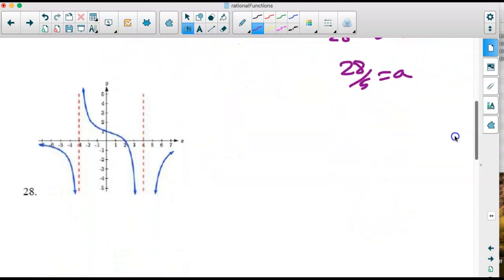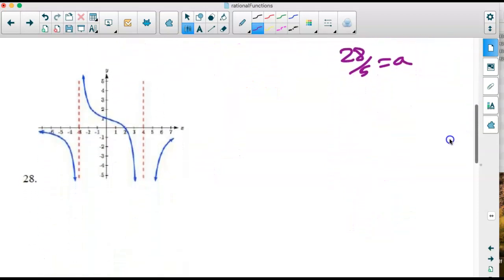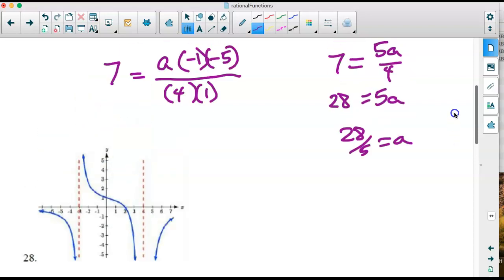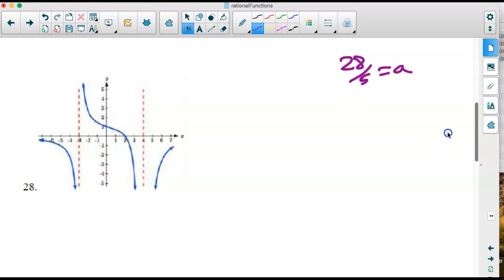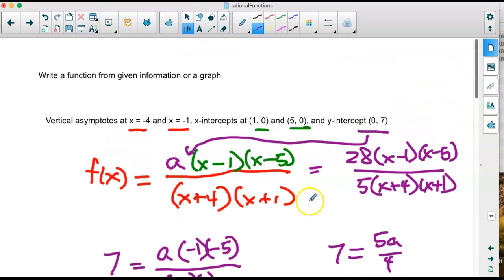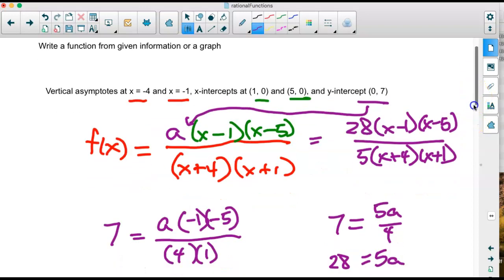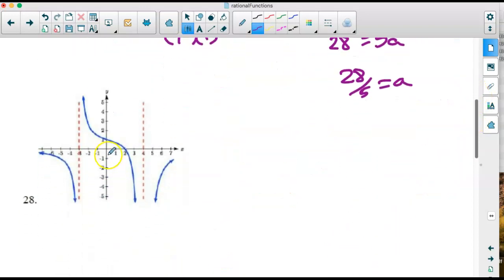All right, let's do the same thing, but from a picture. So from a picture, we have the same type of thing here. Now, it doesn't give you any horizontal asymptotes, so that could be it, or it could be something a little bit different depending on what the horizontal asymptotes might be. So in this picture, we have a horizontal asymptote. We have two vertical asymptotes.